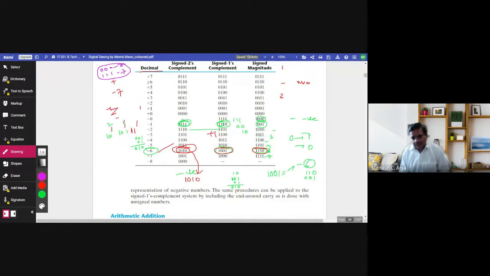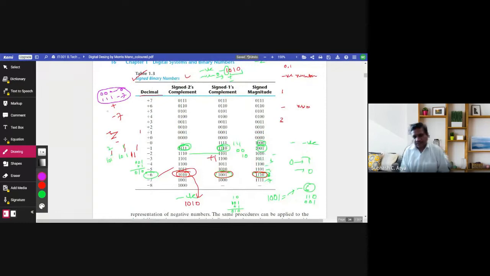Since we are covering positive as well as negative numbers, to have a complete table, all forms are given. What we are observing through this table is that as far as positive number representation is concerned, in all three methods, whether sign magnitude, sign one's complement, or sign two's complement, the representation of positive binary numbers is the same in all three formats.